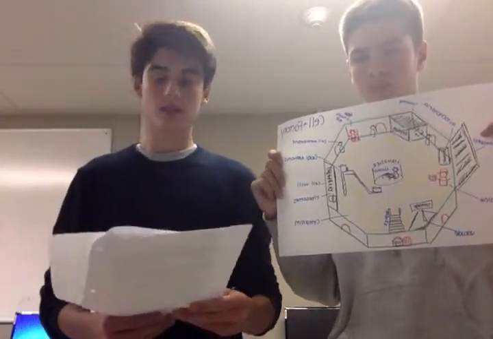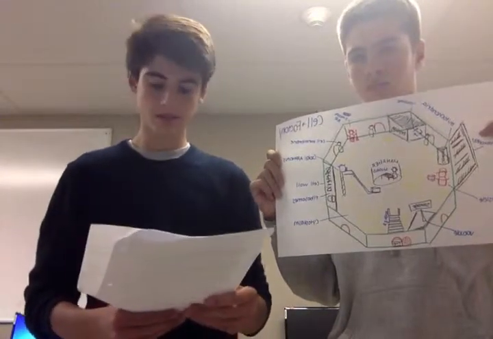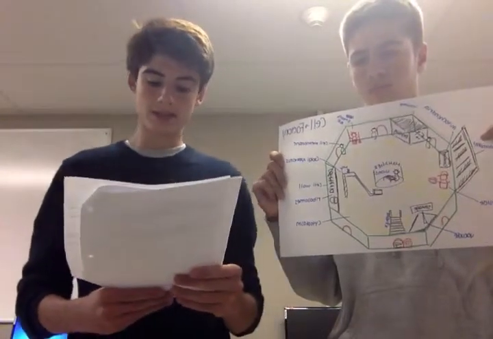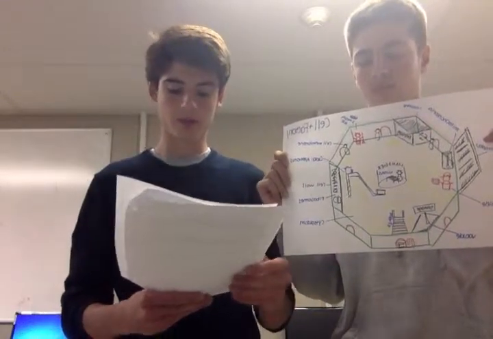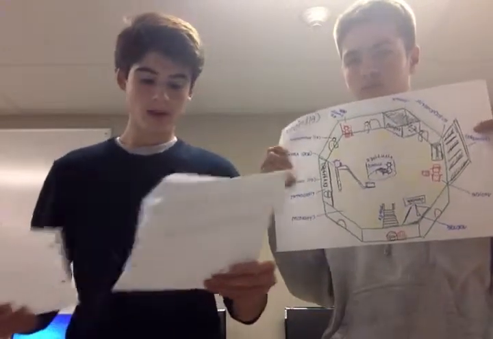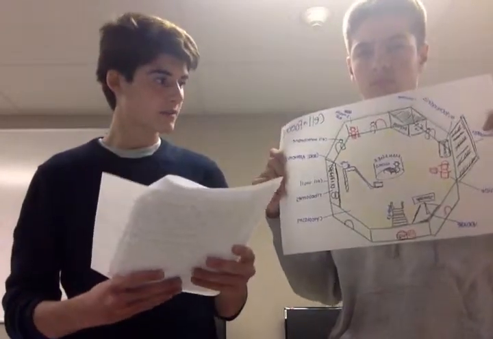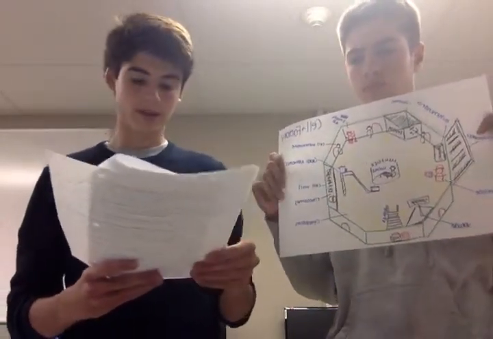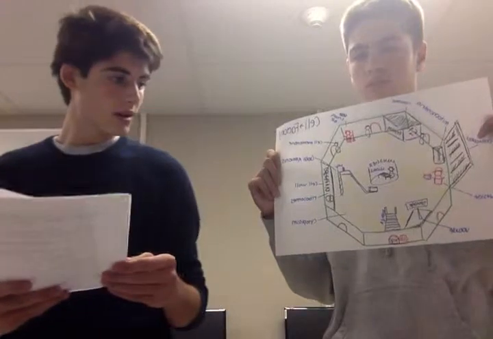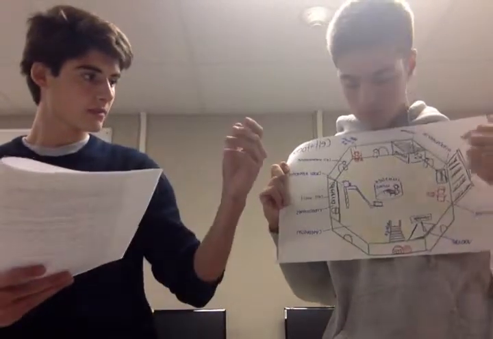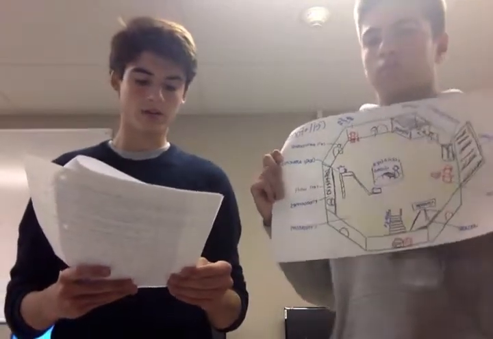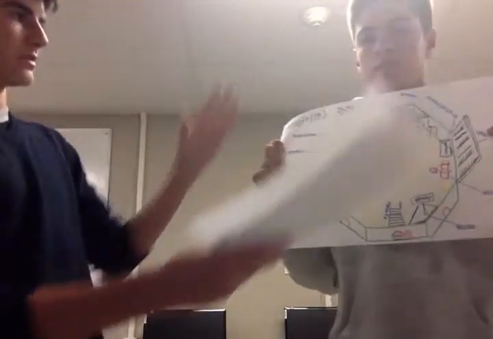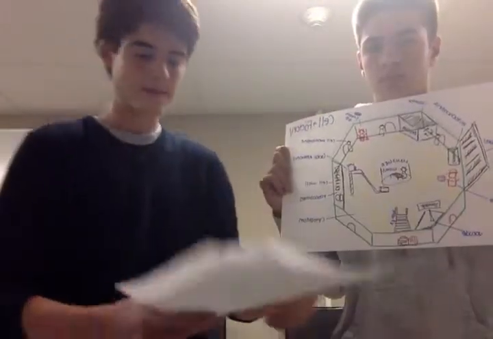And last but not least, in the cell we have a cytoskeleton. The cytoskeleton gives the cell shape, structure, and allows for transportation of the vesicles. Our analogous structure for our cytoskeleton in our factory would be the foundation of the factory, and also the structure and shape of what the factory actually is.